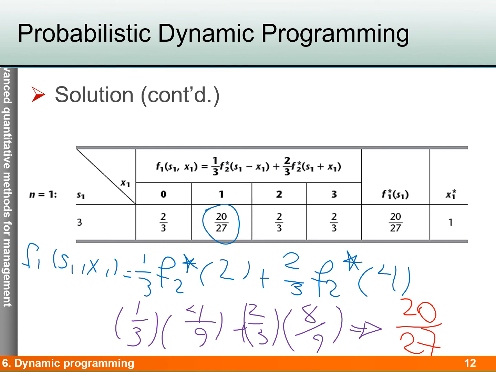If you see here, between 2/3, 20 divided by 27, 2/3, and 2/3, which one is the maximum? 20 divided by 27. And it means that we should make a decision of 1 in this step for our problem. Okay, so this policy gives the statistician a probability of 20 divided by 27 of winning her bet with her colleagues.